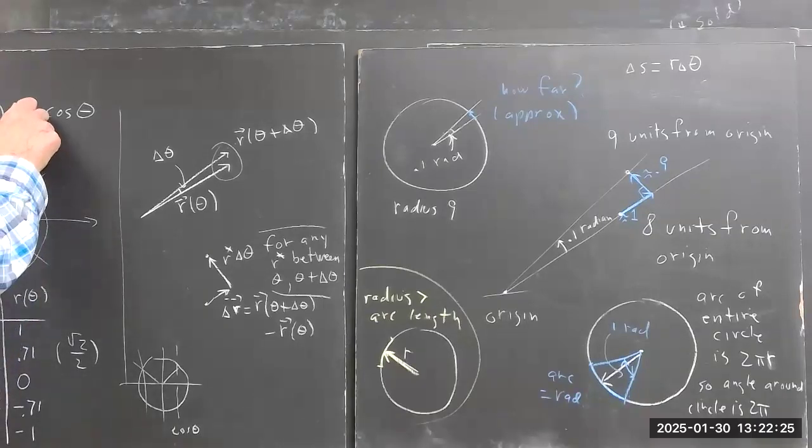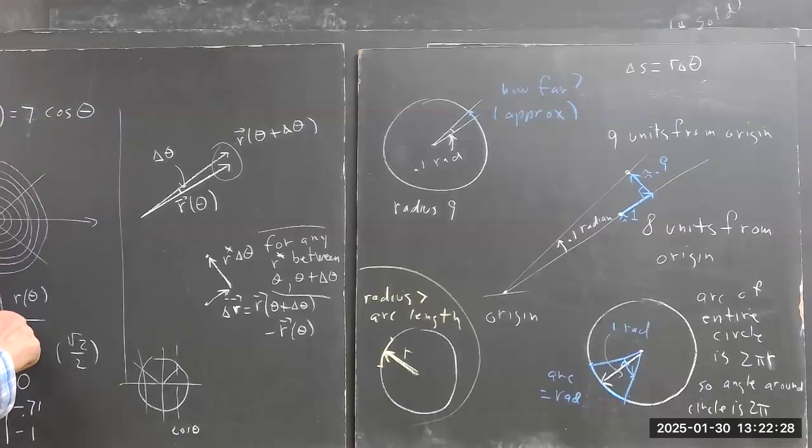Now I'm going to change my function to 7 cosine theta, and I'll multiply each of these by 7. Some of them I just indicate the multiplication. You know, that's pretty close to 5, right? 7 times 0.71. Now if theta is 0, you've got r equals 7.